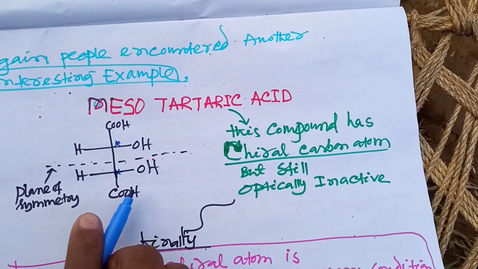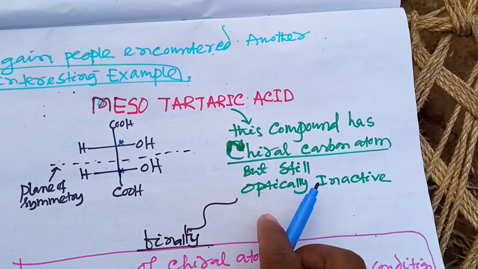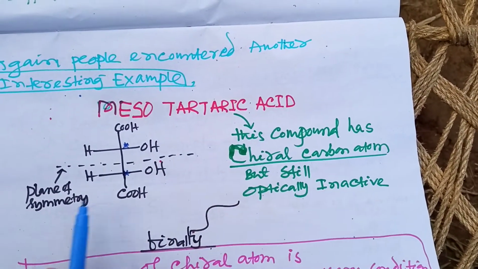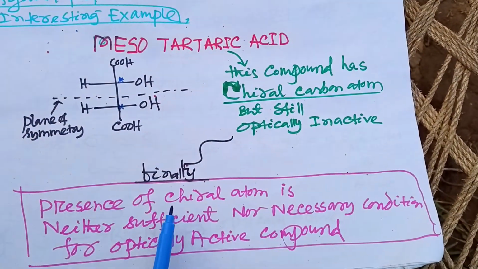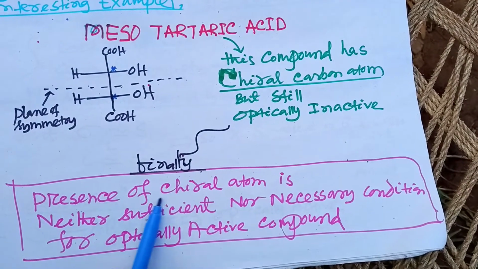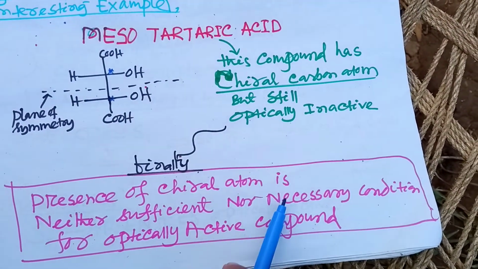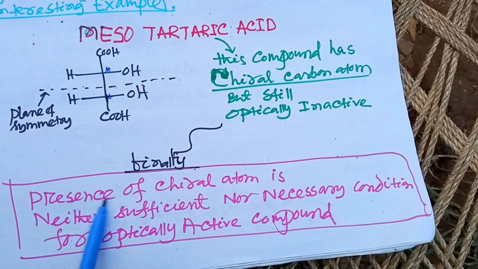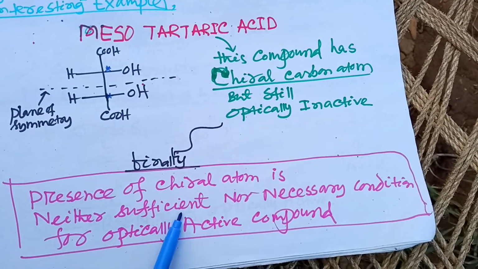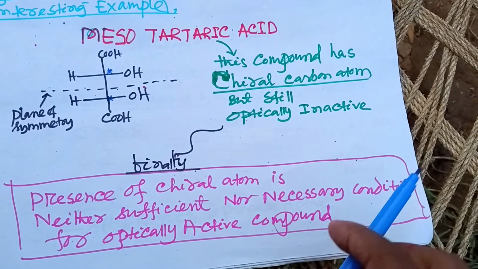This compound has two chiral carbon atoms, but still it is optically inactive because of the presence of a plane of symmetry. So finally people said that the presence of a chiral carbon atom is neither a sufficient nor a necessary condition for optical activity.